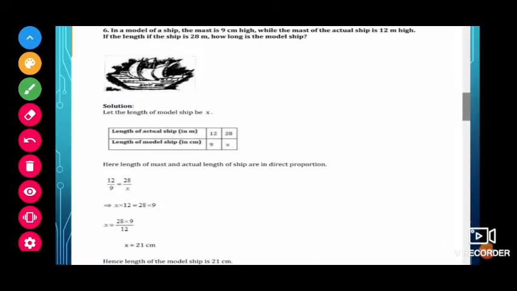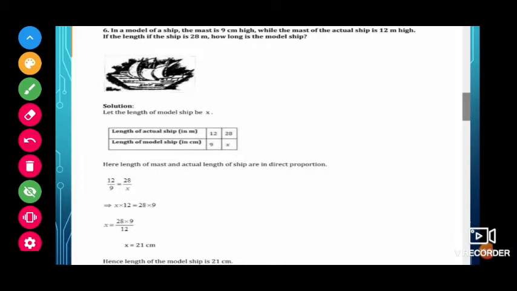That's it. Next children: in a model of a ship, the mast is 9 centimeters high, while the mast of the actual ship is 12 centimeters high. If the length of the ship is 28 meters, how long is the model ship?